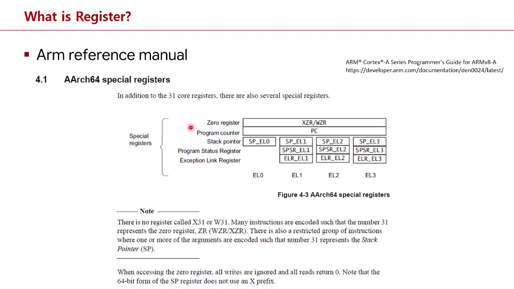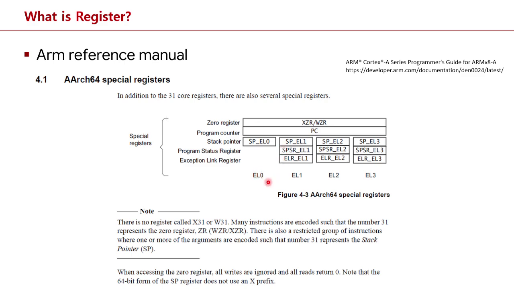For better understanding, let's look at a sample from the Arm reference manual. As you can see, the Arm reference manual describes how the registers are organized. In this case, it describes special registers in the Armv8-A architecture.